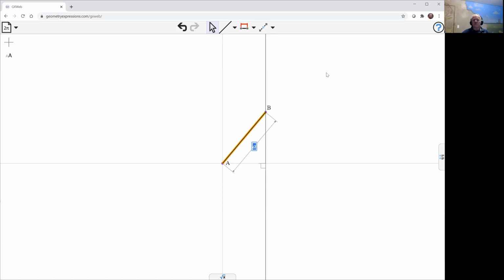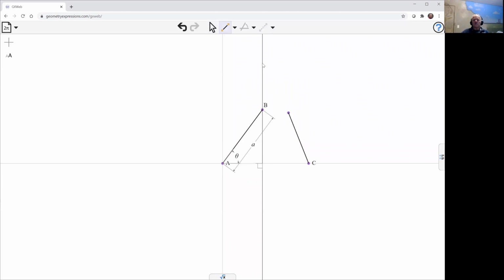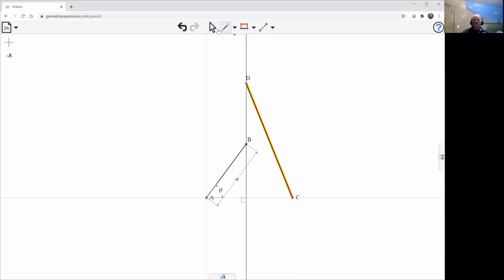This crank is a particular length, A, and it's going to have to be driven by a crank angle, theta. So as theta changes, the vertical line is going to come backwards and forwards. We now have a second crank, which comes up like this, and it is of length 2a.